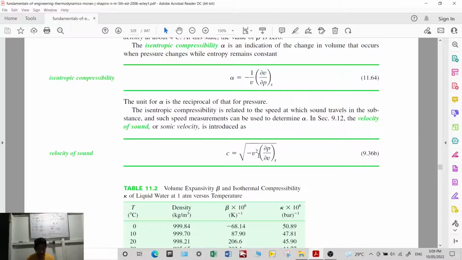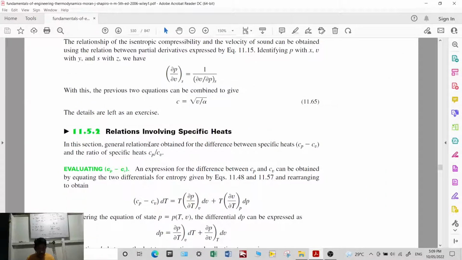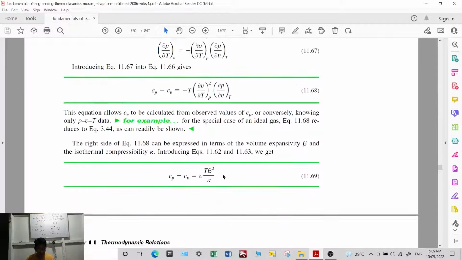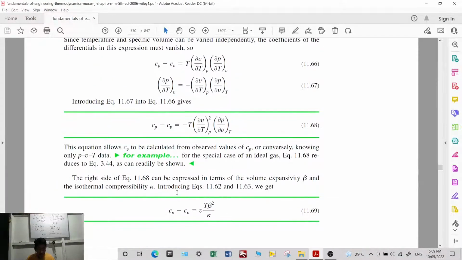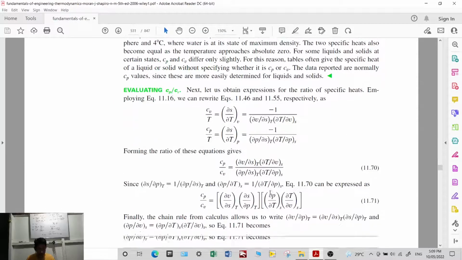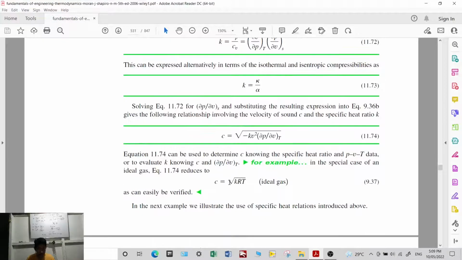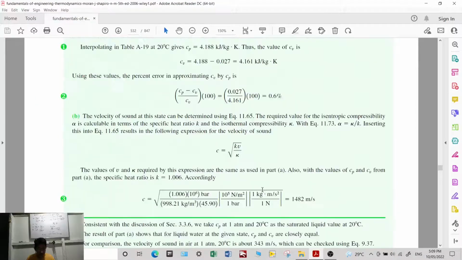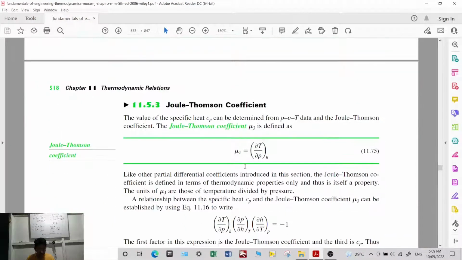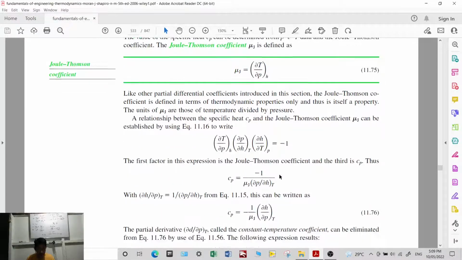You can also get the speed of sound, and the change in specific heat derived from this equivalent. Again, this is just the speed of sound. The Joule-Thomson coefficient also has its relation.